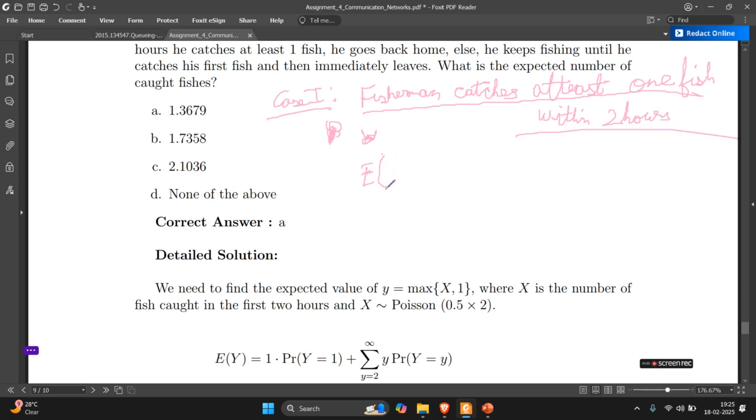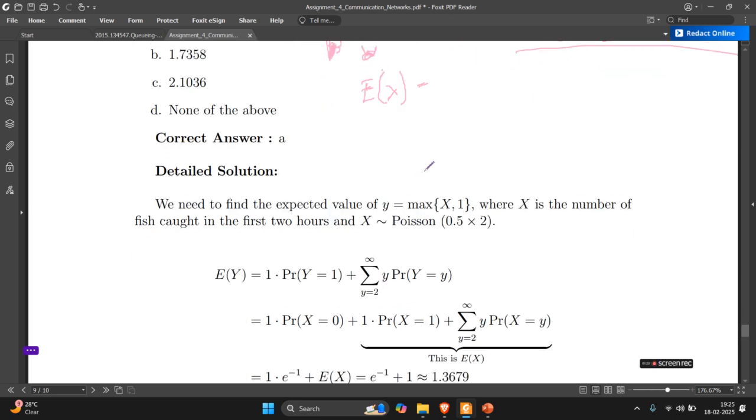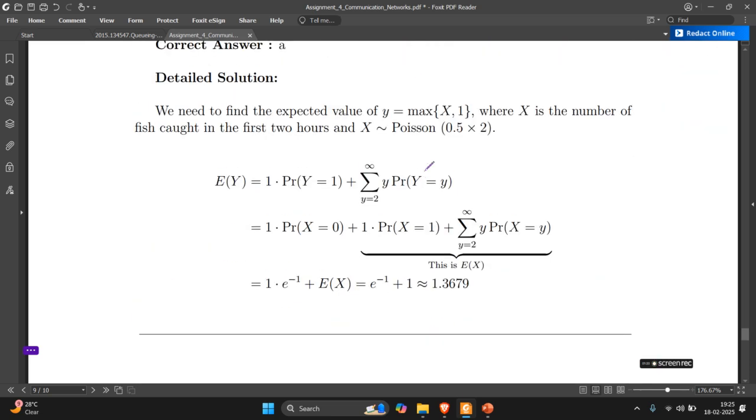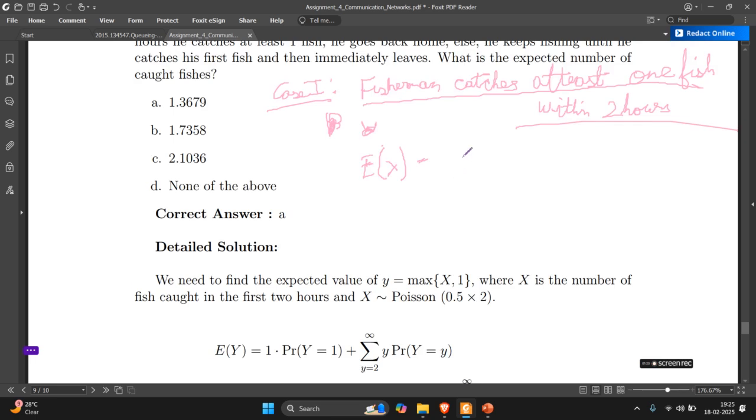So the expectation is equal to the expectation of the Poisson process, the sum of x times lambda to the power x e to the power minus lambda by x factorial. We know this will turn out to be lambda. So in this case this is 1.